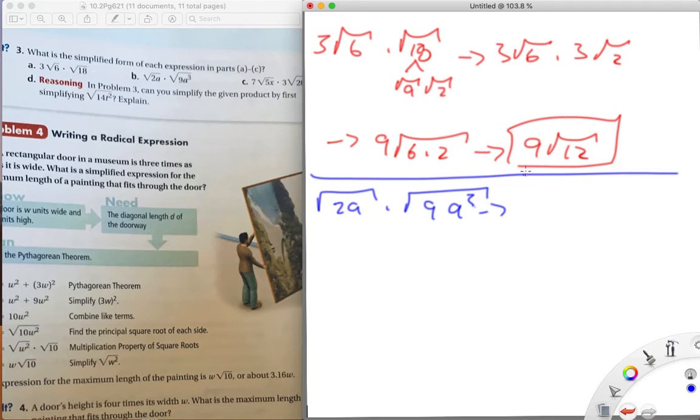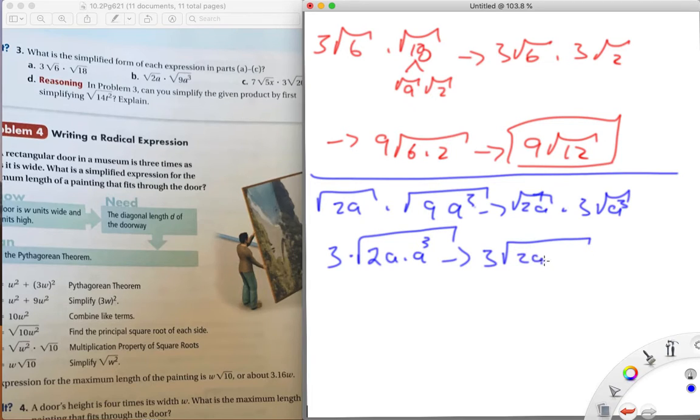I could pull out that perfect square, square root of 2a times 3 square root of a cubed. So this would be 3 times 2a times the square root of 3, all square rooted. And that would be 3 times the square root of 2a to the 4.